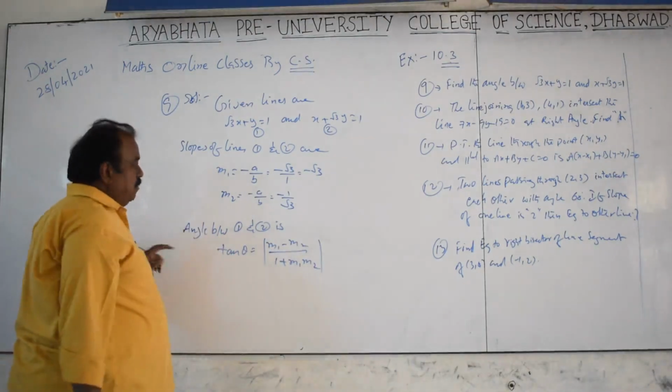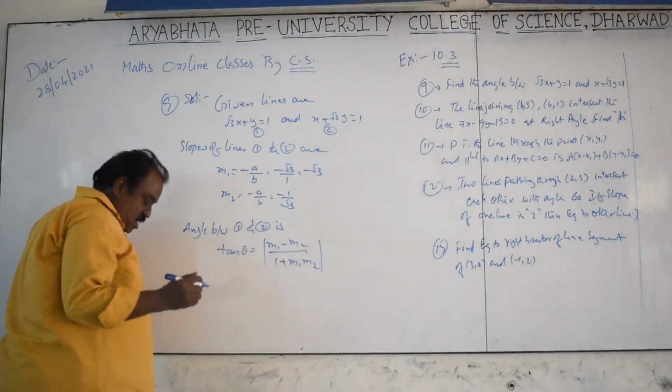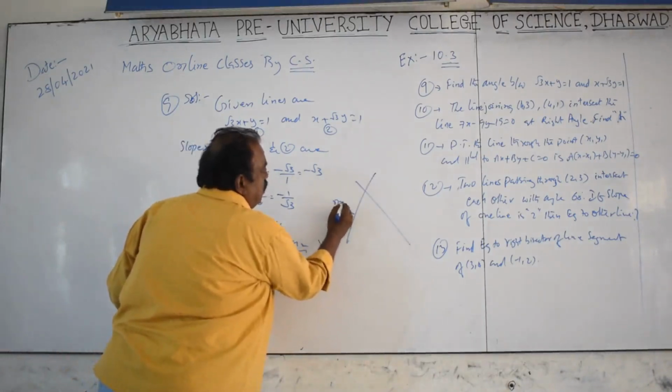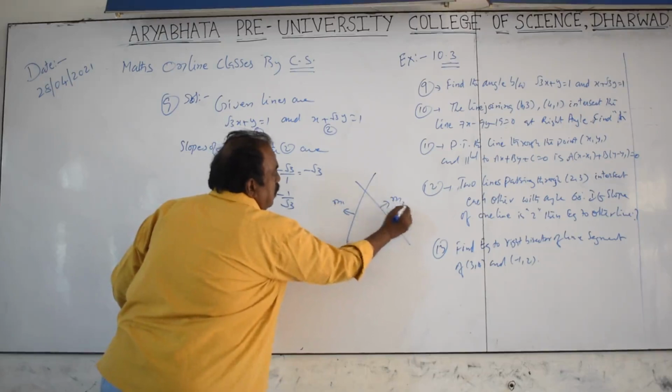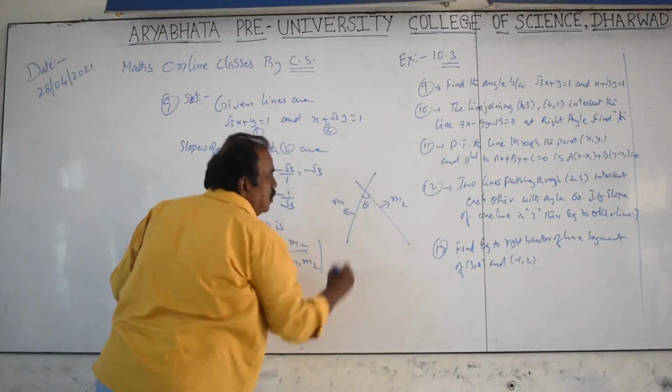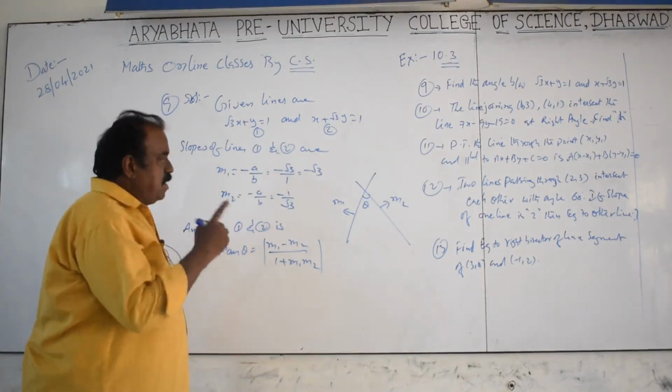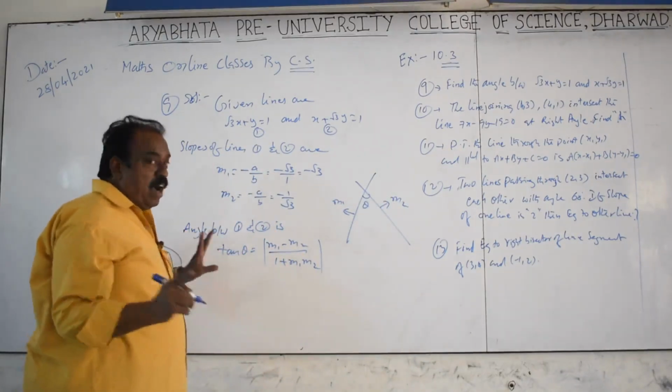If the angle between two lines, these are two lines, its slope is m1, its slope is m2, suppose the angle is theta, then tan theta is m1 minus m2 by 1 plus m1 m2 with modulus.